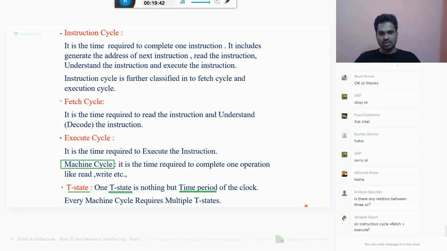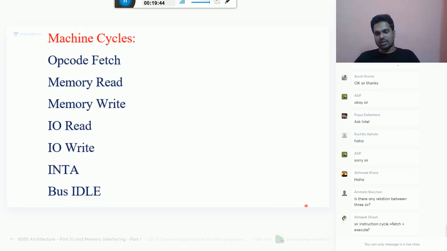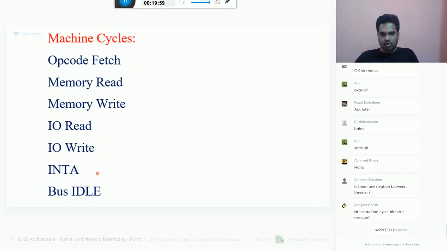So generally in your 8085, these are the available machine cycles. You may have hold, reset and hold acknowledge, those things are also there. Other than that, these are the jobs the system will do for any instruction. Opcode fetch is generally 4 T states or 6 T states.